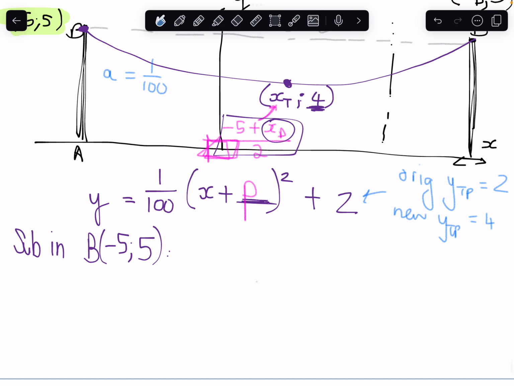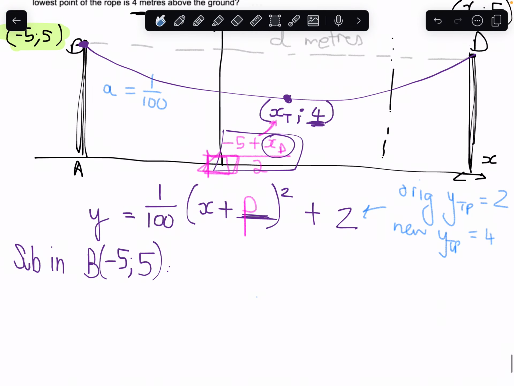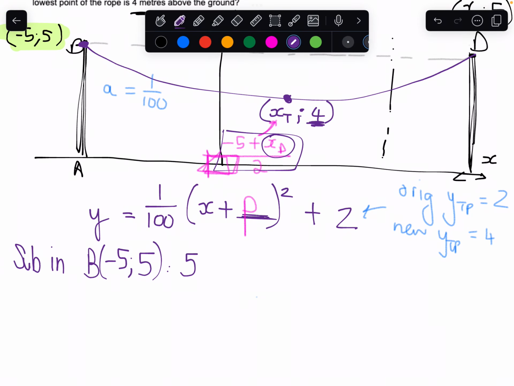So that would be 5 is equal to 1/100 times (-5 + P) squared, plus 2. And I'm just going to keep this inside the squaring because it's going to be easier to solve that way, as opposed to multiplying the brackets out and all of that exciting stuff. So I'm going to subtract 2 on both sides.